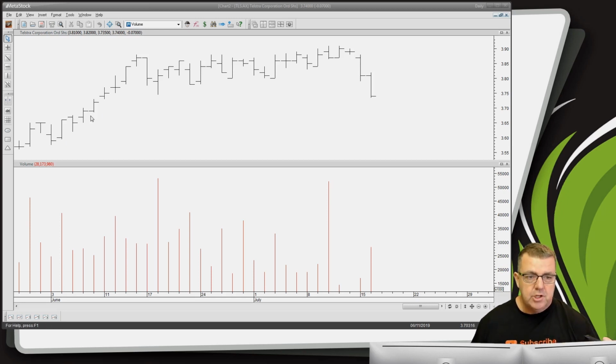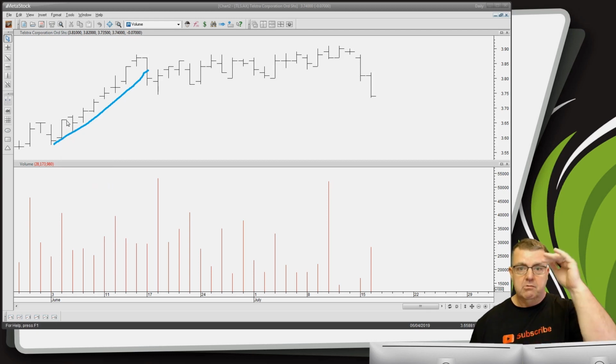Here's a good one just before an upward run. You can see there's been a nice little uptrend in the price, and have a look at what happened before that. The price opened right at the low of the day, or very close to it, got pushed up and up, and it closed right on the high.